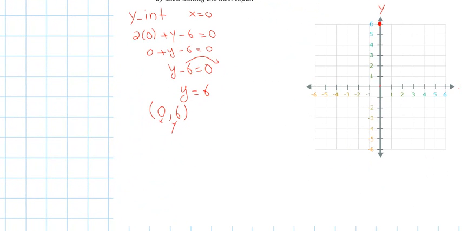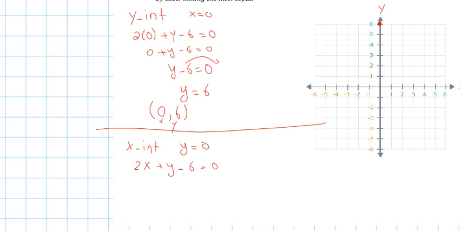So I'm going to write the equation 2x plus y minus 6 equals 0. So I'm going to set the y equal to 0. So in this case, I'm going to replace y with a 0. Are we okay with that?